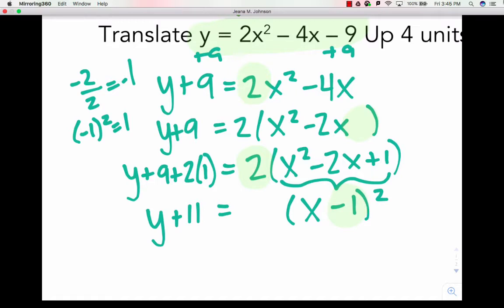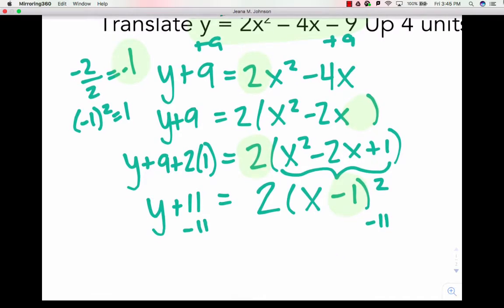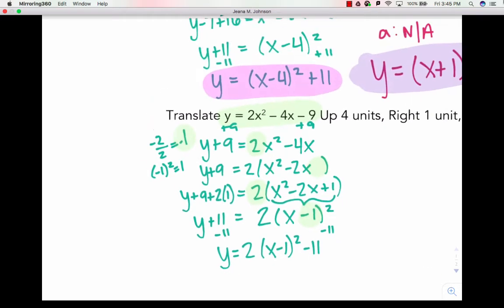That minus 1 comes from that -1 right over there. And then I cannot forget this 2 out front still. This is almost in the correct form. Now I need to subtract 11 from both sides. So I get y is equal to 2 times the quantity x minus 1 squared minus 11.